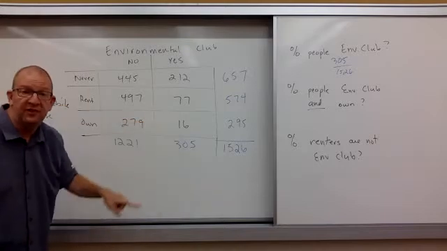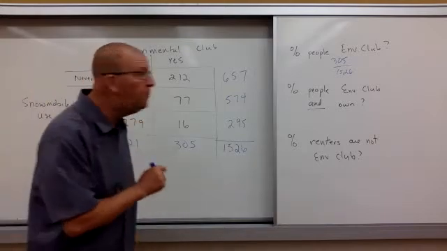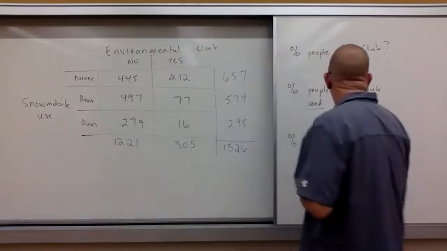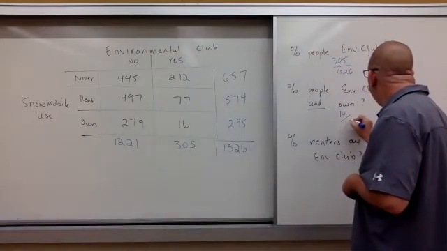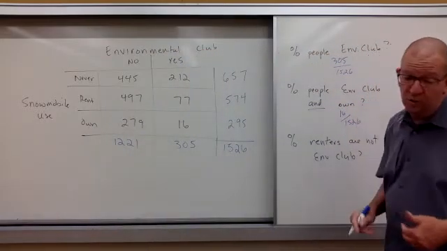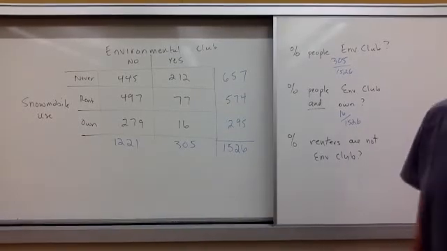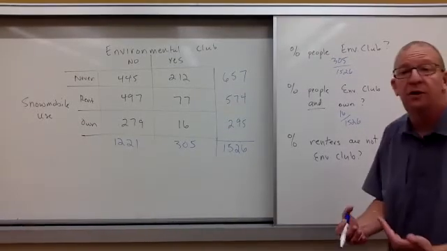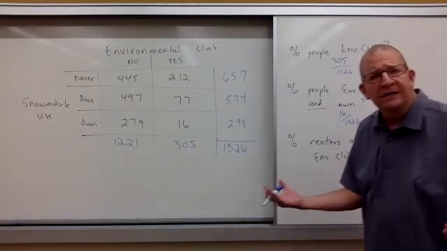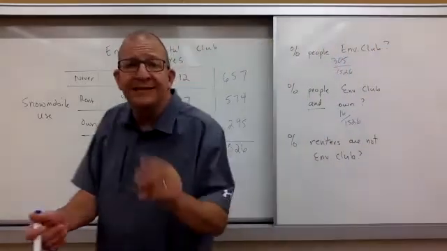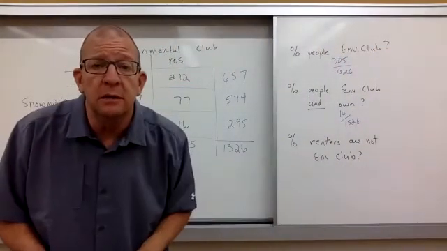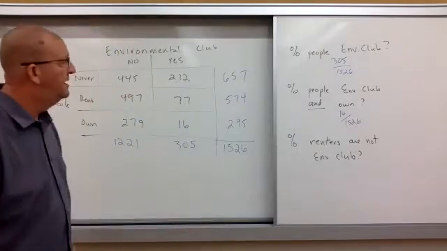Boom. Did you say 16? I sure hope you did. Now, that would be 16 out of 1,526. Pretty low number. We call that the joint relative frequency. Why is that a joint relative frequency? Because it's measuring two things. Two things.